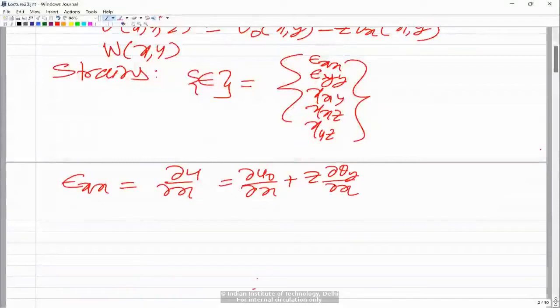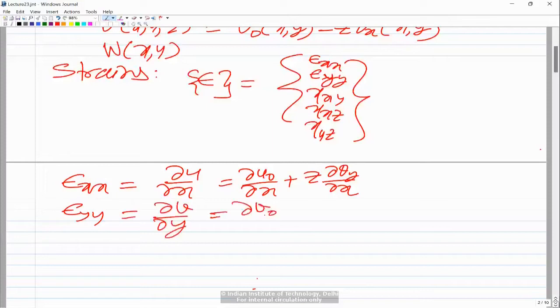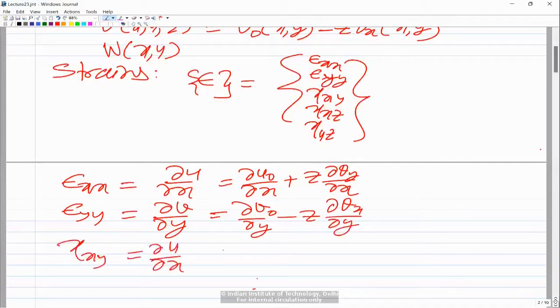Similarly, the normal strain along the y direction is del v by del y, and we know that v is equal to v naught minus z into theta x, so we get del v naught by del y minus z into del theta x by del y. The in-plane shear strain gamma xy is the change in angle between line elements parallel to x and y, so del u by del y plus del v by del x.